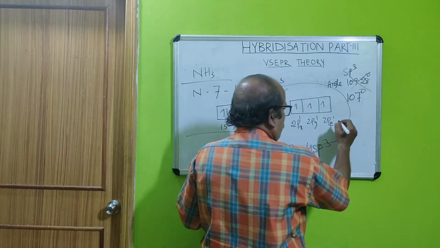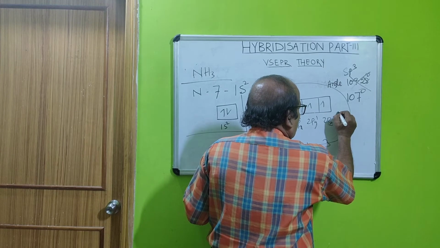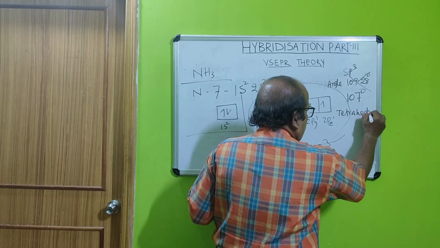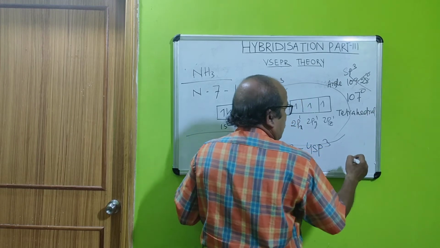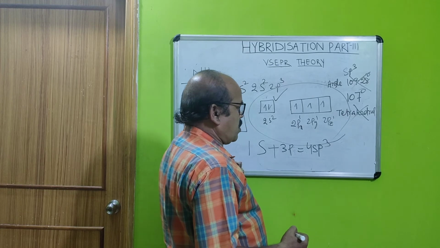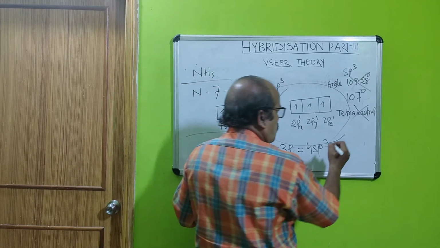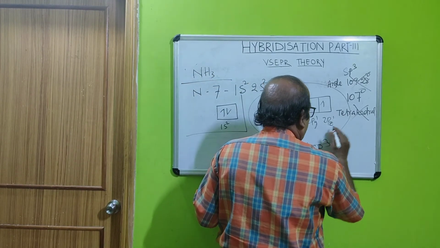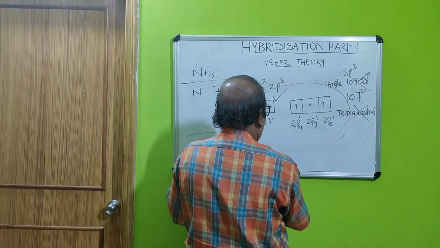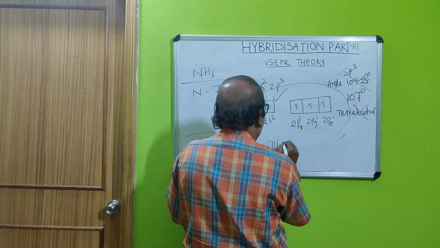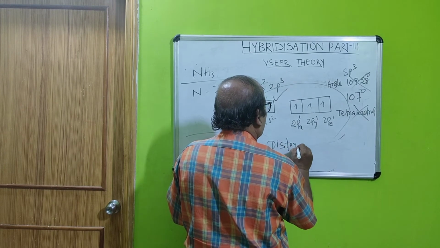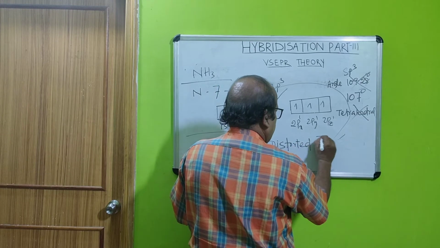And the shape should have been tetrahedral, but applying VSEPR theory, it changes to distorted tetrahedral.